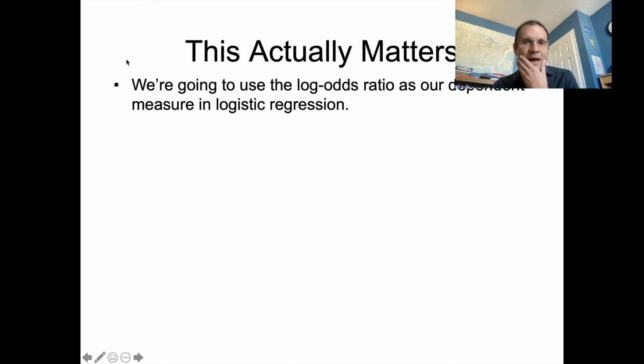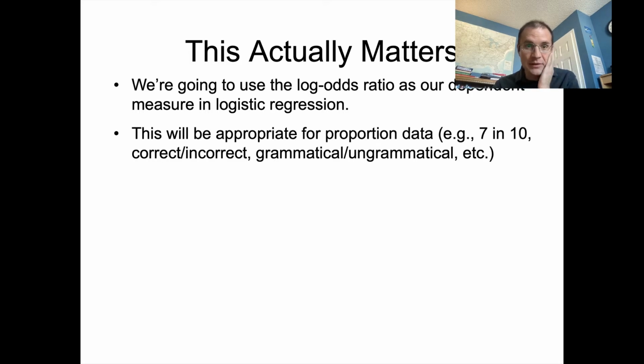So the reason this matters, like I said, is that we're going to use the log odds ratio as our dependent measure in logistic regression. And this is going to be appropriate for a lot of the results you get in linguistics experiments, such as if you're asking people, is this sentence grammatical or not? If you ask them to identify what sound this is, maybe they get it right, maybe they don't.